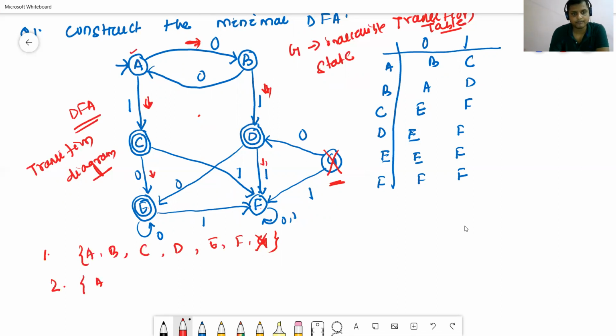Now we have A, B, C, D, E, F, so 6 states. Now we'll try to divide these states.